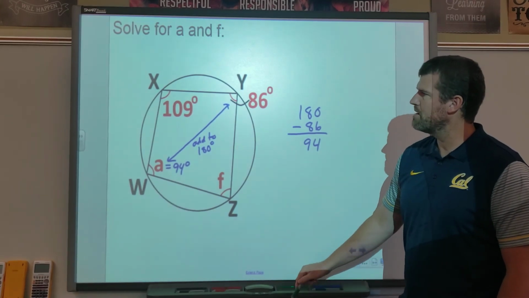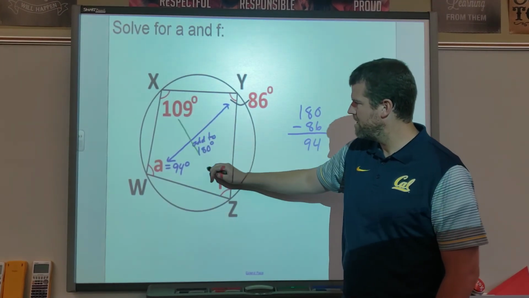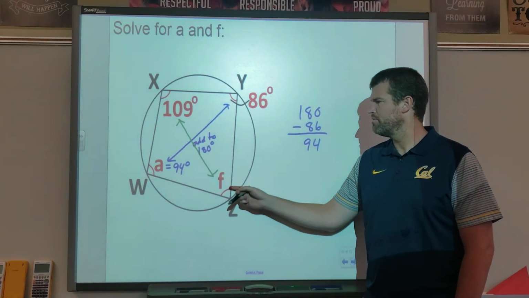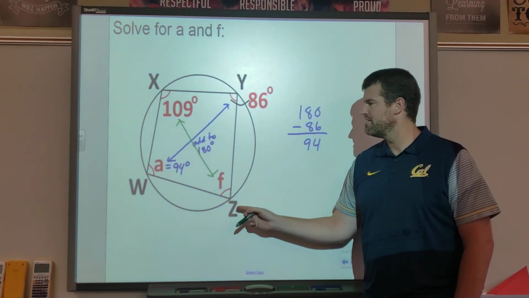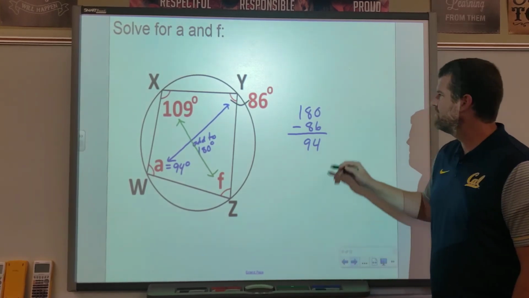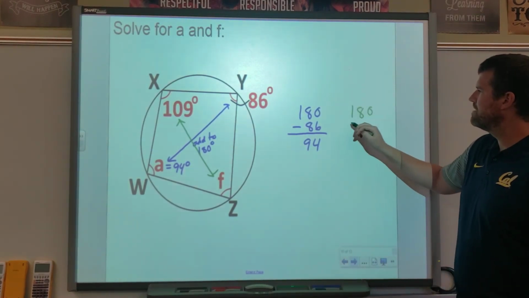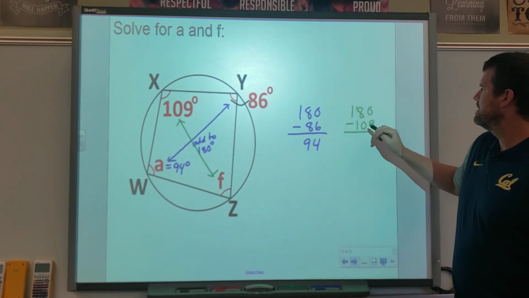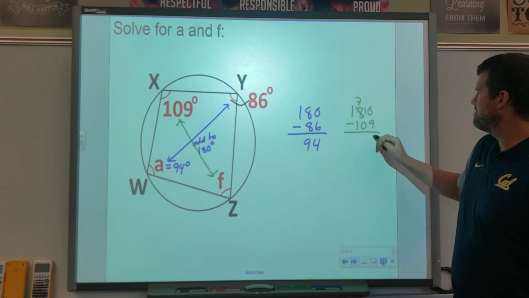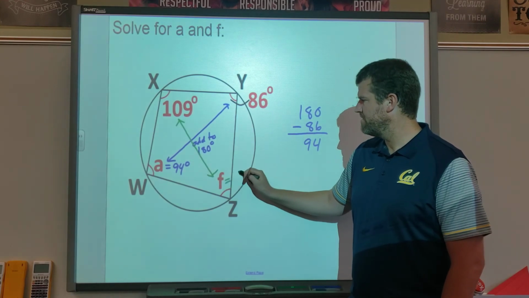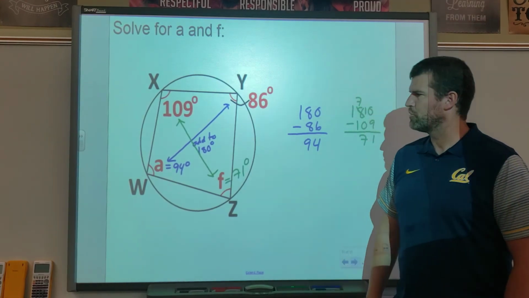And then we can do the same thing to solve for F. How many degrees will F be, or angle Z? How many degrees will this angle be? That's right. We can take the 180, subtract the opposite angle, and that gives me 71. So this angle here is 71 degrees.